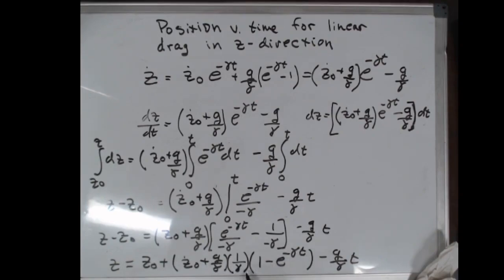And so right away you can see at t equals 0, this piece goes away, and this piece goes away, and I get z equals z naught at t equals 0. Right?